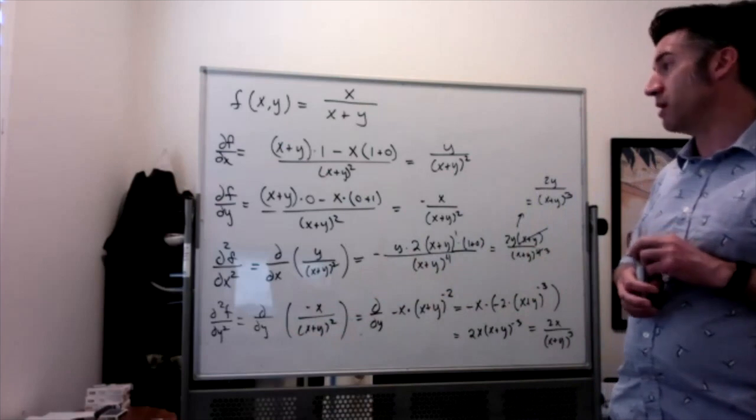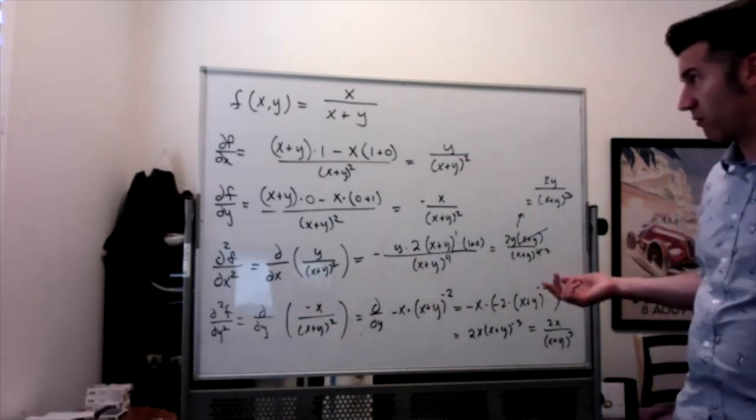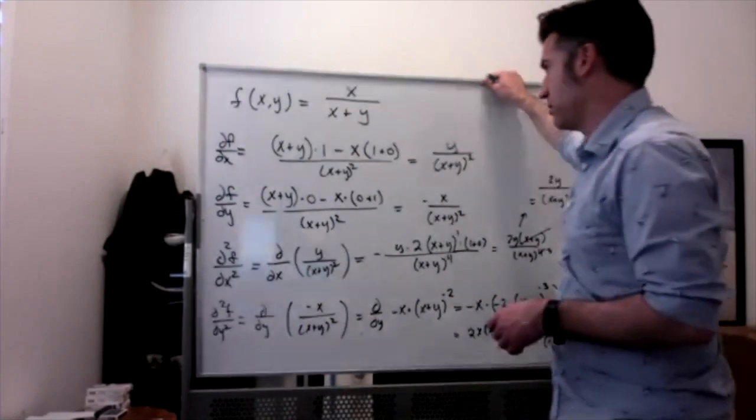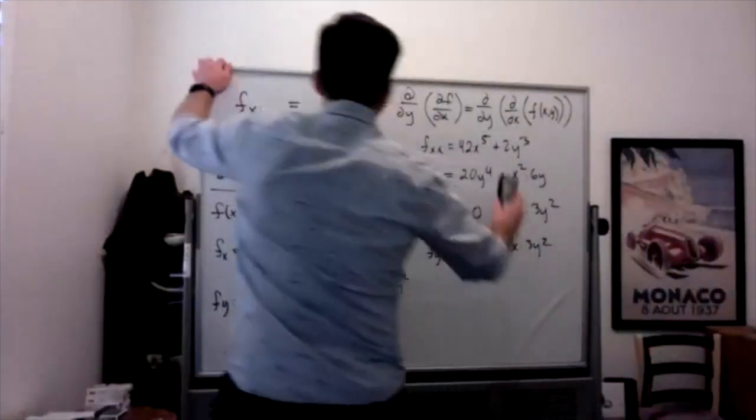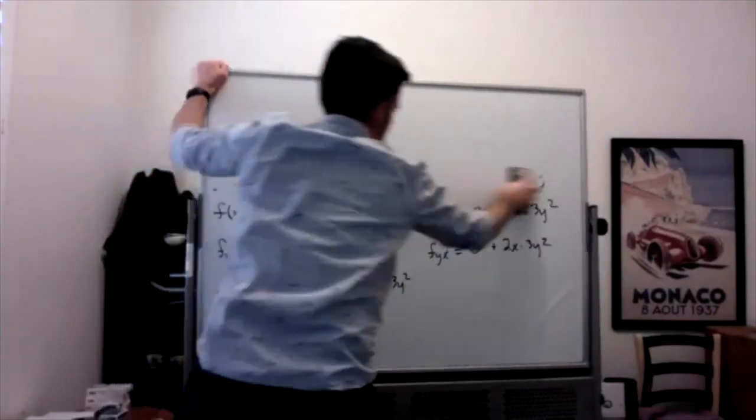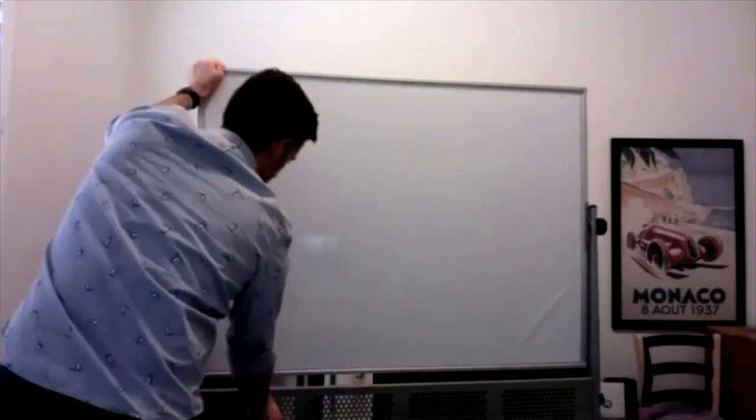Oh, I've got other things to do. I suppose we should find the mixed partials, which of course I've run out of room for. So let's go ahead and find the following.